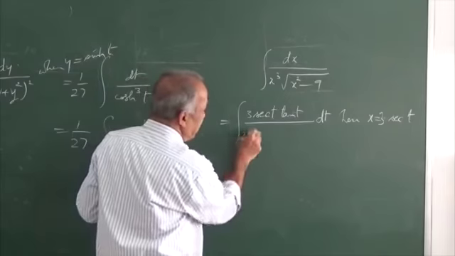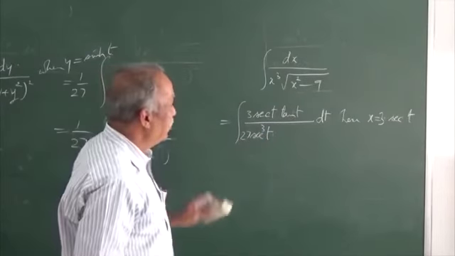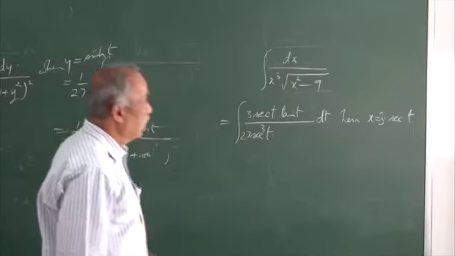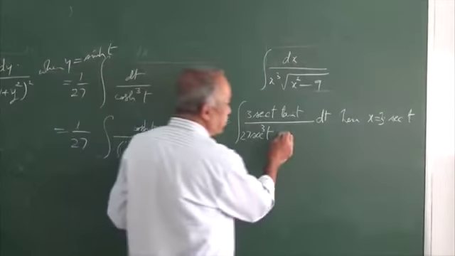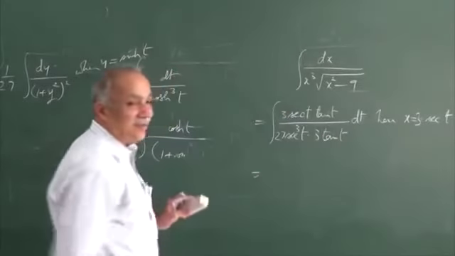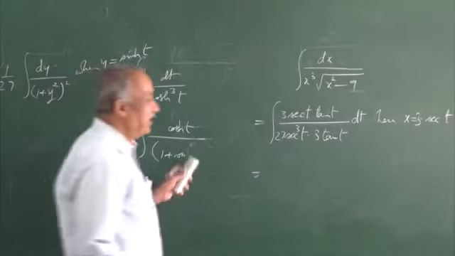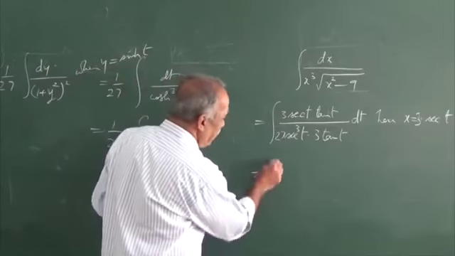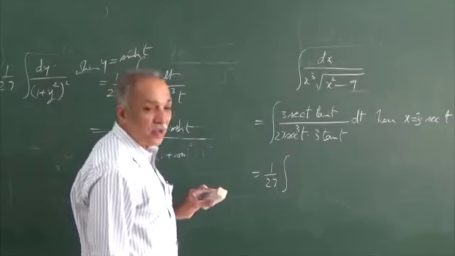X cube is 27 secant cube t, and root of x square minus 9, root of 9 secant square t minus 9, root of 9 tan square t is 3 tan t. A lot of cancellations take place, and our integrand gets simplified to 1 by 27 integral of cos square t dt.